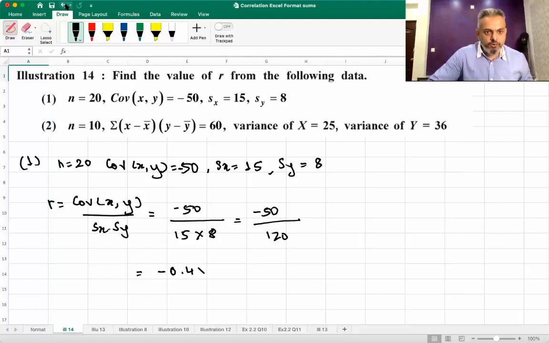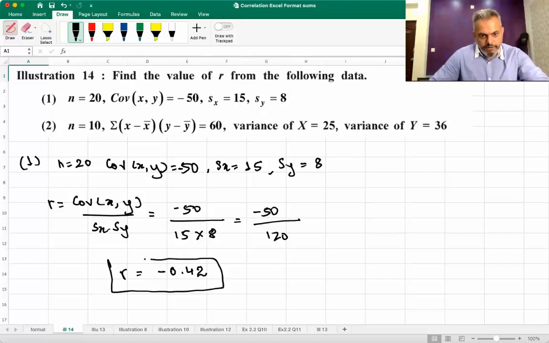Take it as 0.42. R is equal to minus 0.42. Now, the second one. So I draw a line over here.